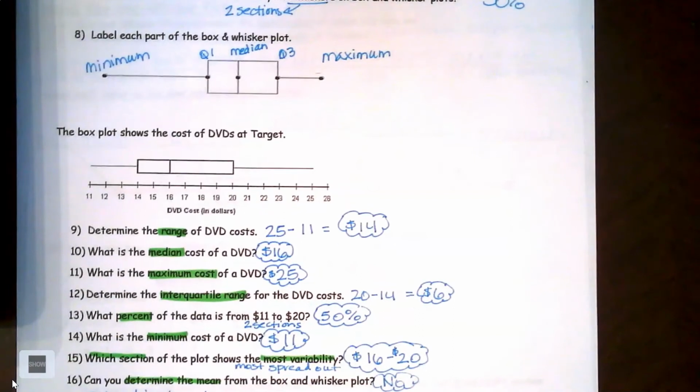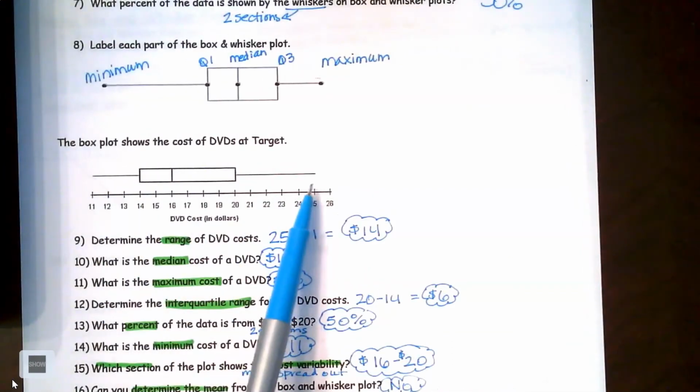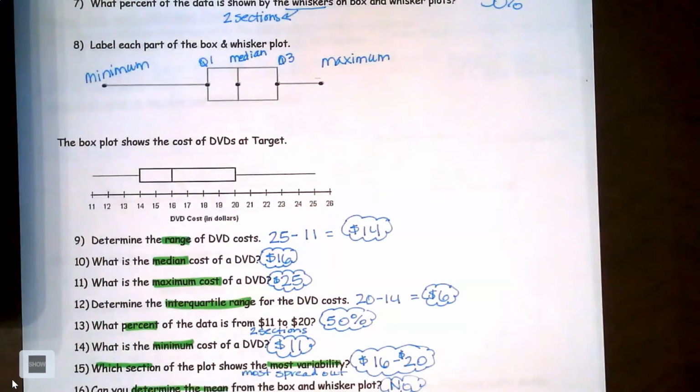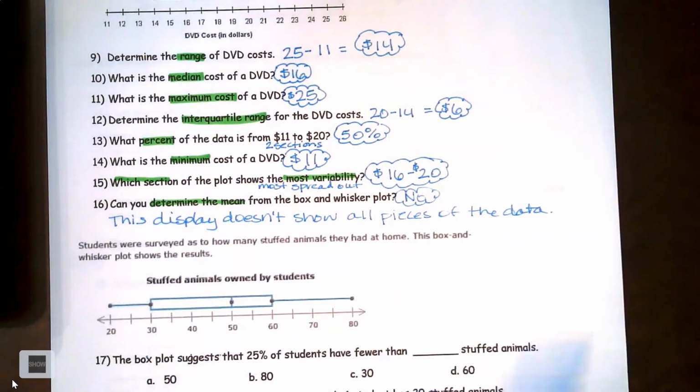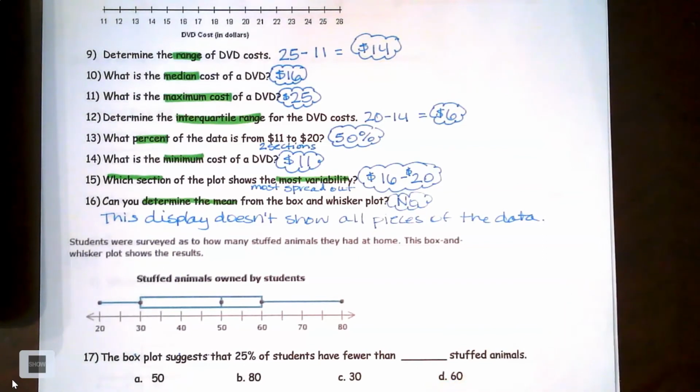Well, no, we cannot, because this does not show us all of the pieces of the data. It just shows us the 5-number summary of the data. So that one may have been a little tricky. Like I said, pause it if you need to fix anything or go back and understand the answer. And now I want you to pause it one more time and finish up the rest of the problems.